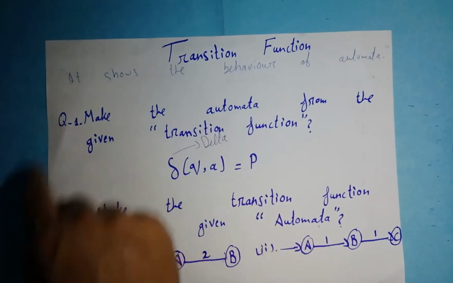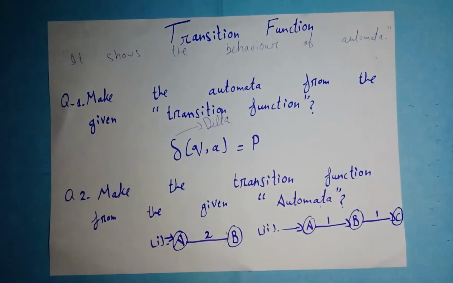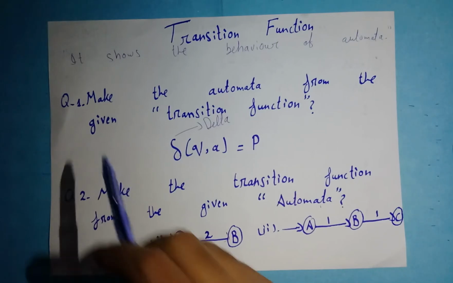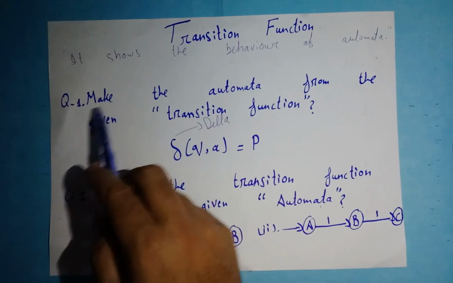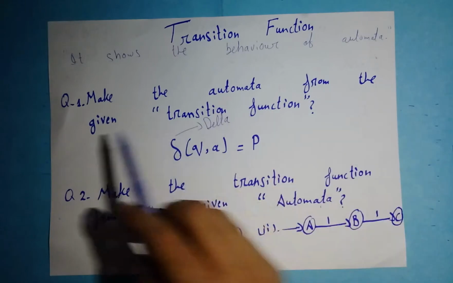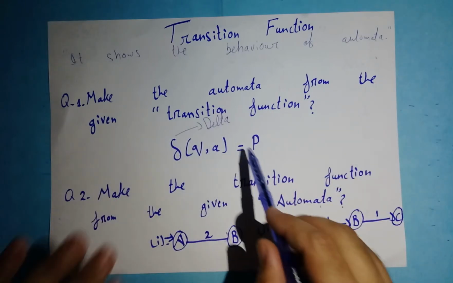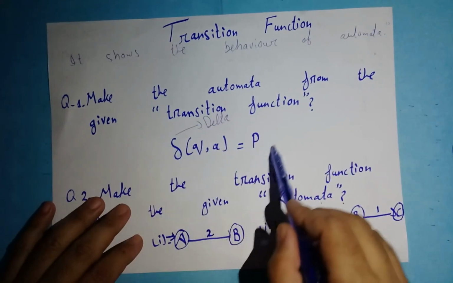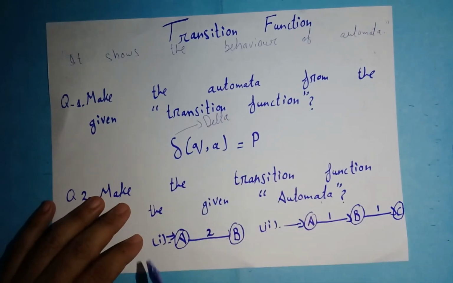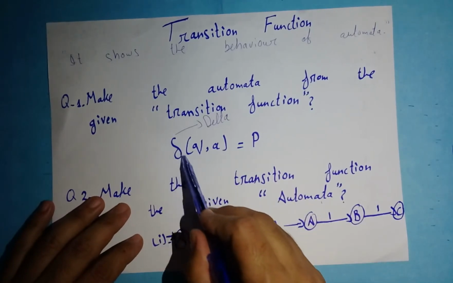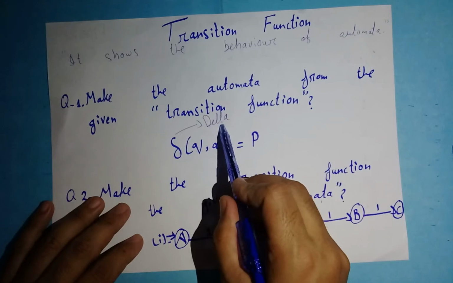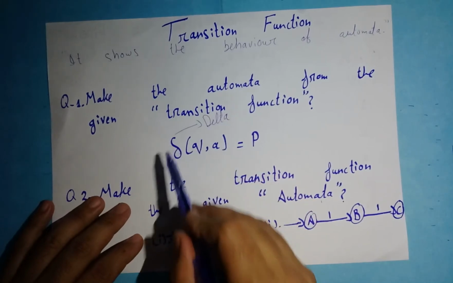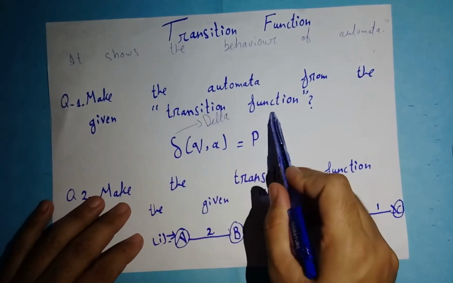Now I've written down two questions over here, and I'm going to solve these two questions in this video. The first question is: make the automata from the given transition function. The transition function is like this. The first sign is called delta, and it is the sign of the transition function.